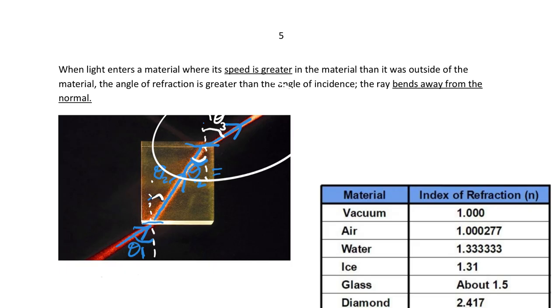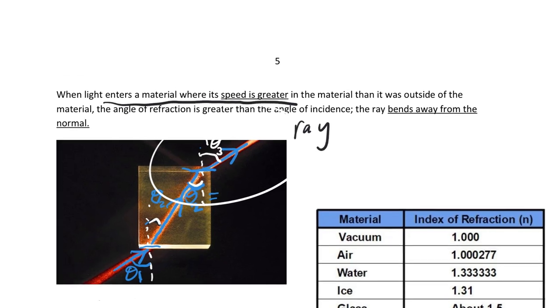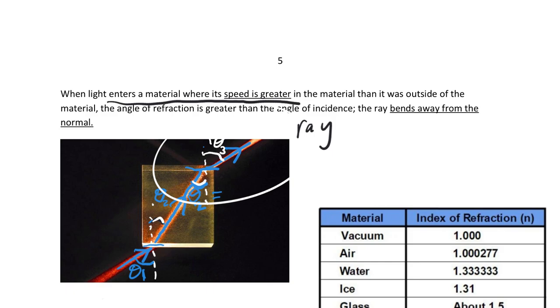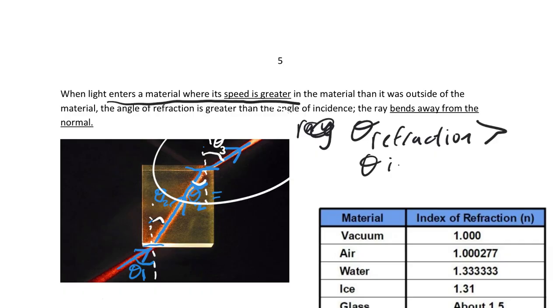What I'm trying to show you is when a ray enters a medium where it's moving faster than it was, like from the glass to the air, it will move faster in the air than in the glass. The angle of refraction will be greater than the angle of incidence.